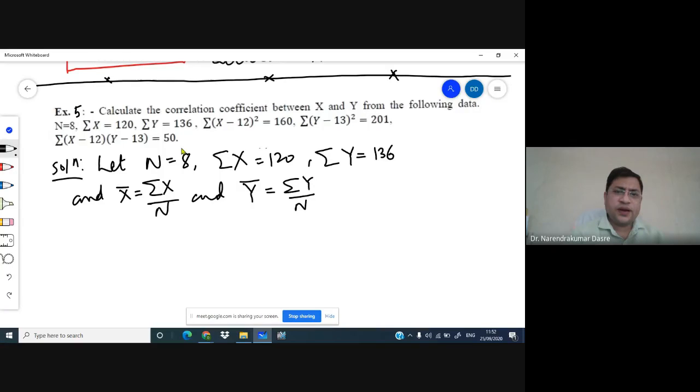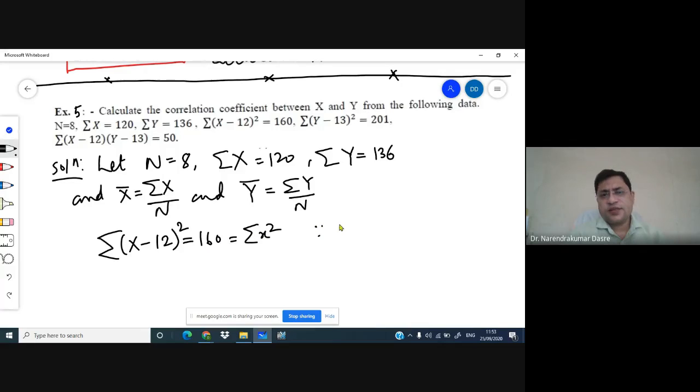Also, what is given? Summation of capital X minus 12 whole square is equal to 160. So this is actually summation small x square, since we assumed small x is equal to capital X minus 12.